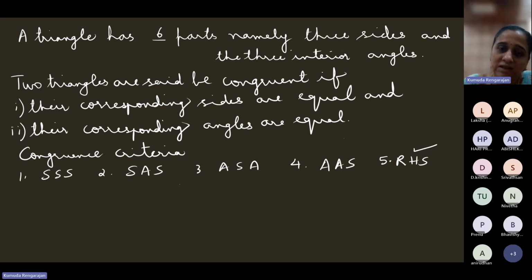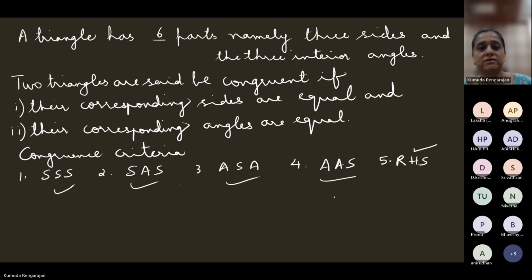Now, when two triangles are right triangles, it is not that you should use only RHS. You can use any of the other congruence criteria also. It's not that when the two triangles are right triangles, you have to use RHS only to show that they are congruent. RHS can be used only if the two triangles are right triangles, but the others also can be used.